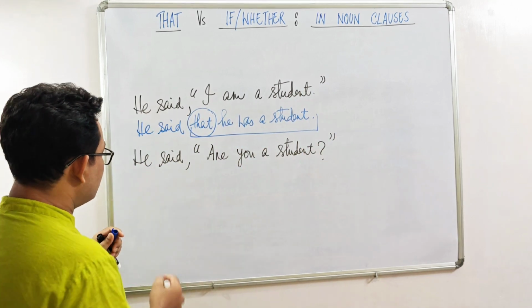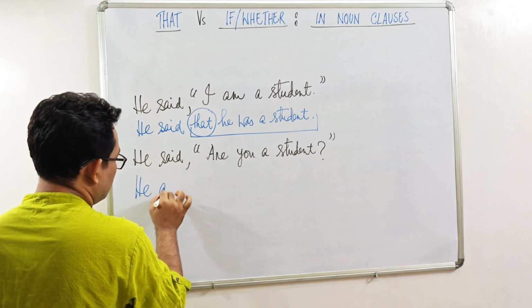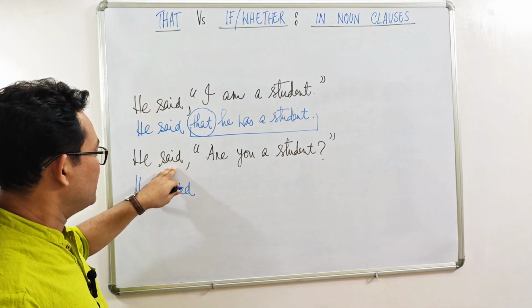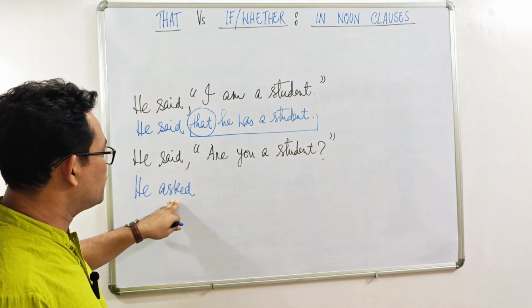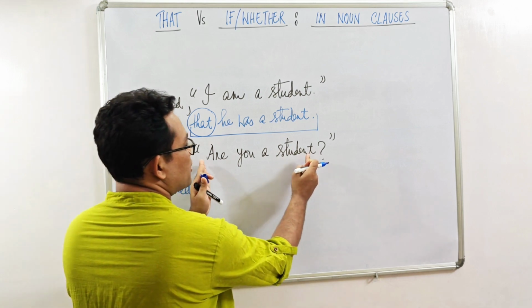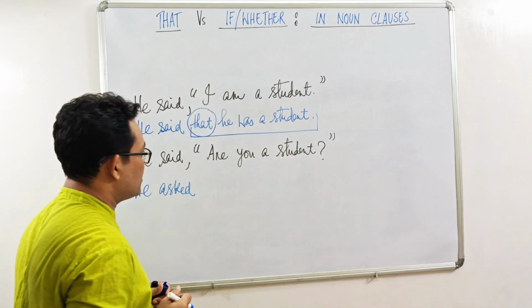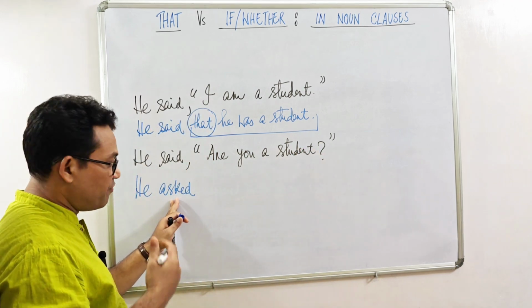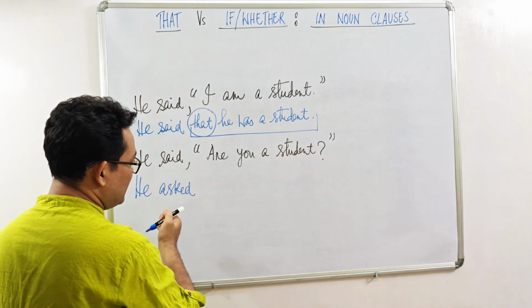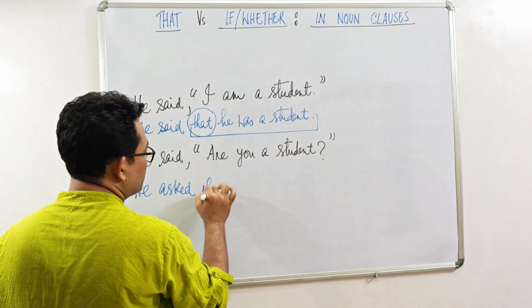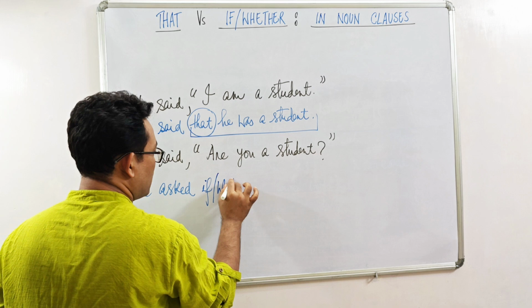In the second case, we are changing the reporting verb said into asked, because the reported speech is not a statement but an interrogation. Okay, that's why we have to use the verb accordingly. Then, since we have used this asked, we cannot say that. We have to use if or whether.